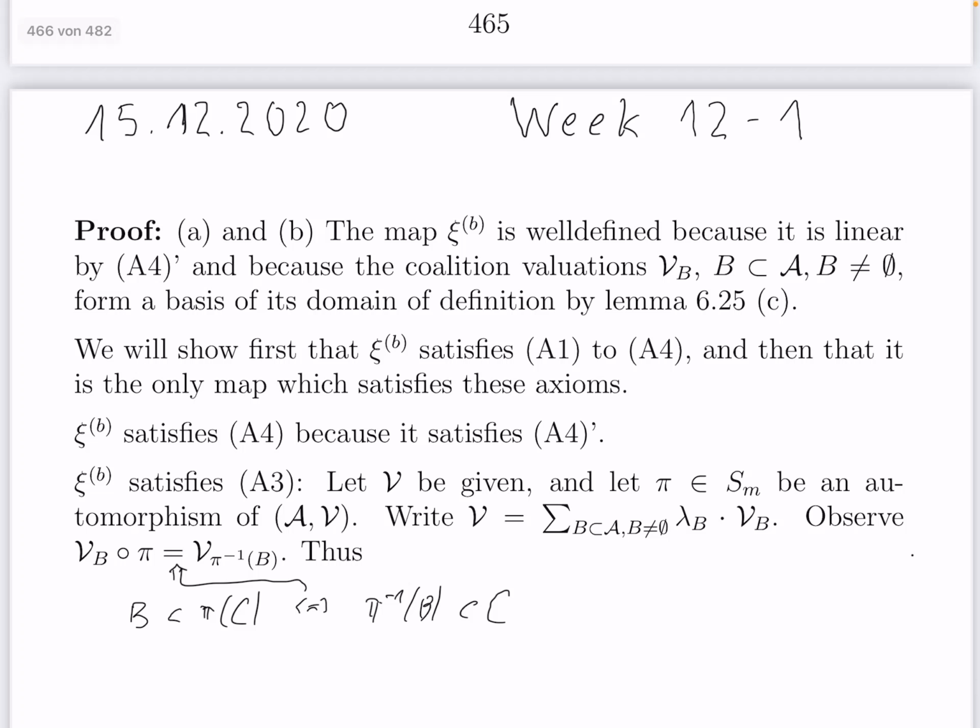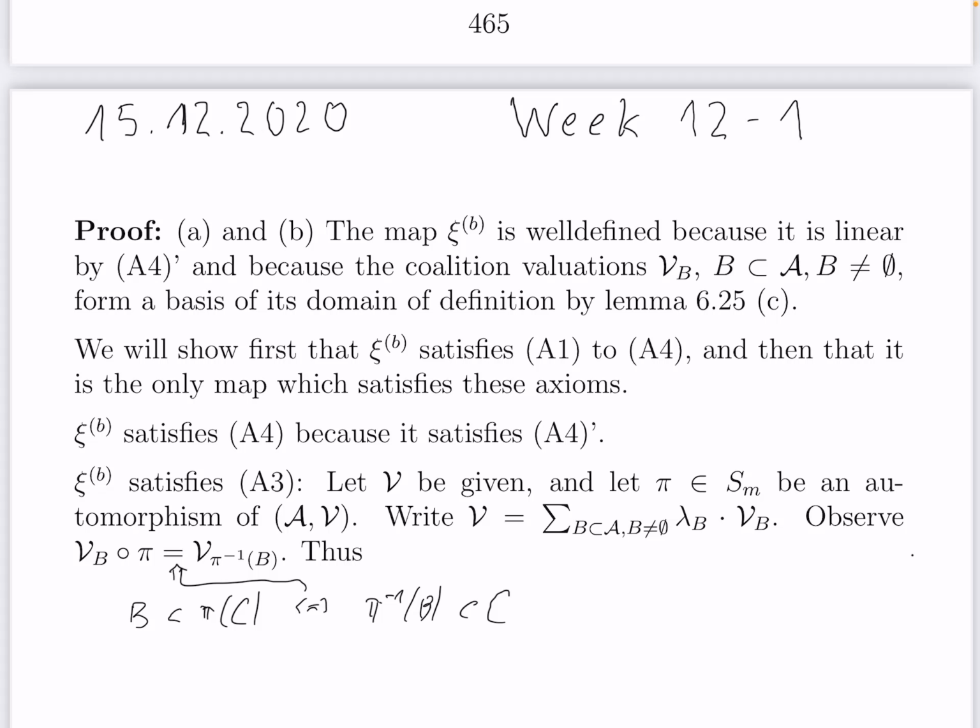So the map xi upper index B is certainly well defined because it is linear and it is given by the values on the coalition valuations in the basis of the vector space. Now we will show first that this map satisfies the axioms A1 to A4, and then afterwards that it is the only map which satisfies these axioms.